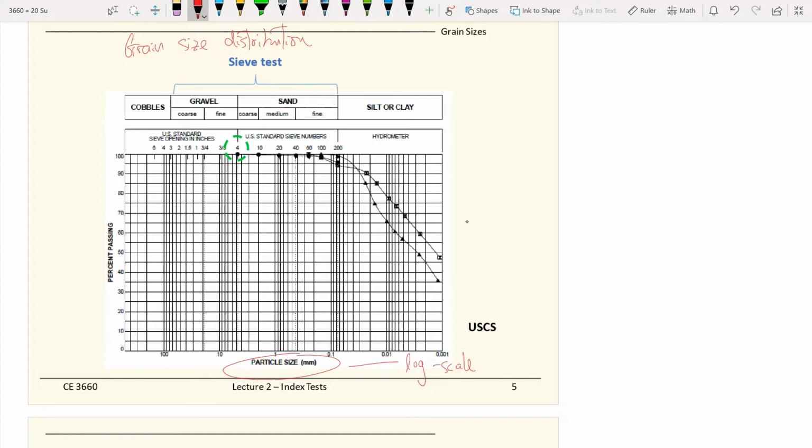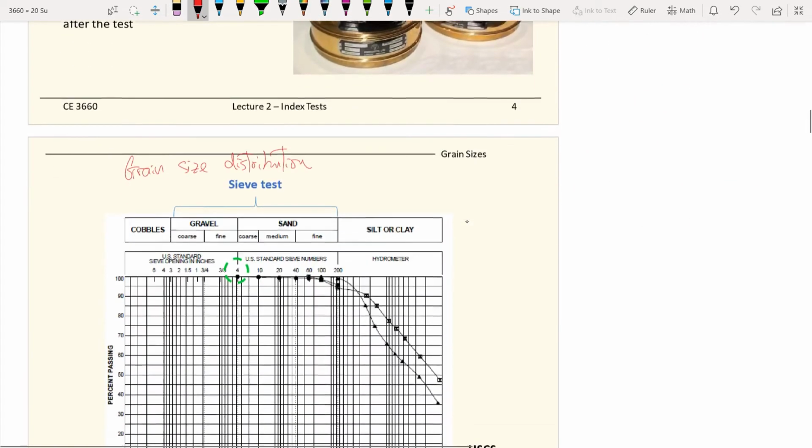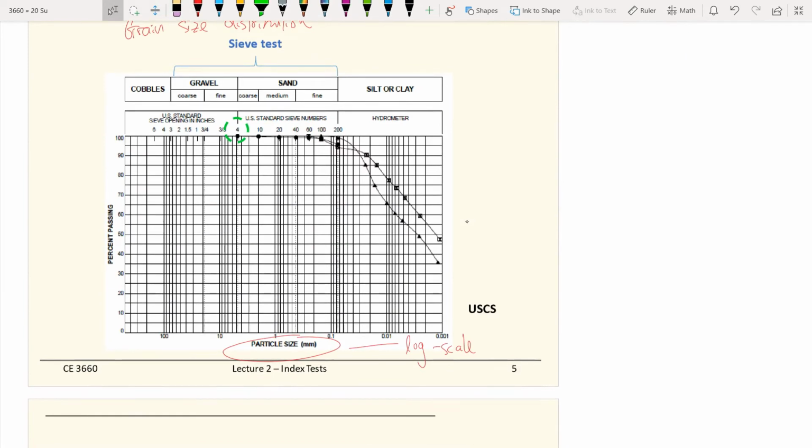So, for example, the number 4 sieve is 4.75 millimeters. If we go to 4.75 millimeters on the semi-log scale on the x-axis, you need to know how to read a log scale. So this is 1, this is 2, 3, 4. This is 2, this is 3, this is 4. And 4.75 is right there, and this represents sieve number 4.